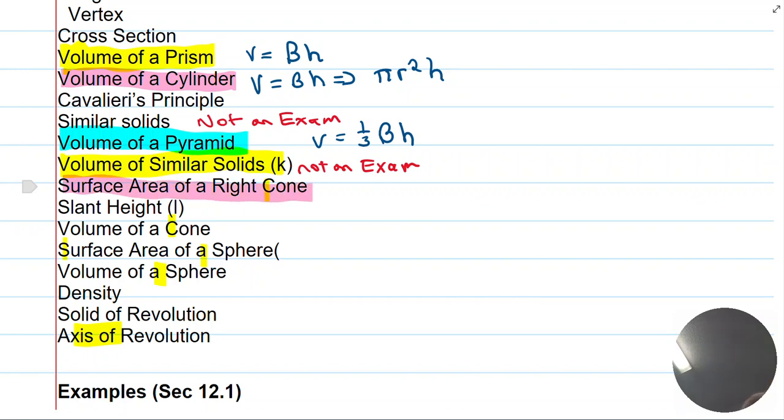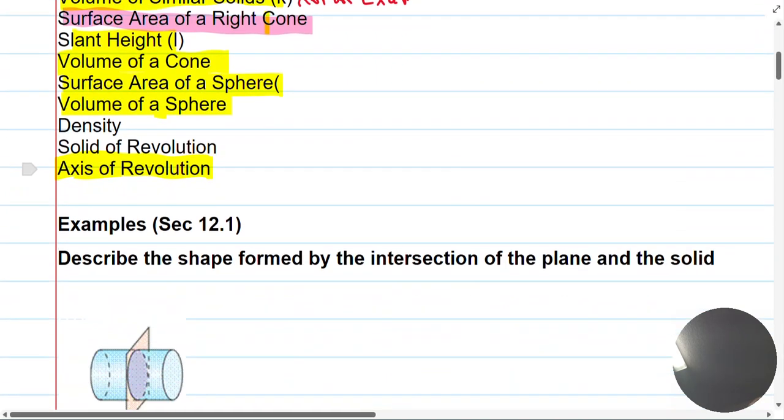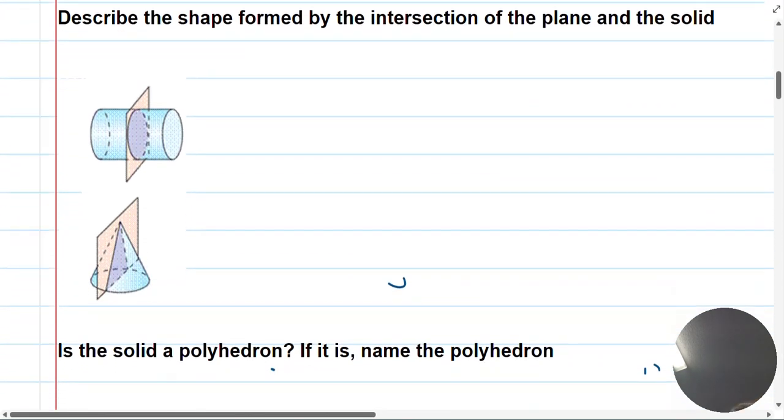We're going to find the slant height, the L, the volume of a cone, the surface area of a sphere, the volume of a sphere, and of course the axis of revolution on that shape. So those are the primary focuses, and I didn't put all of them down, but I will as I go through it. So here are some examples.